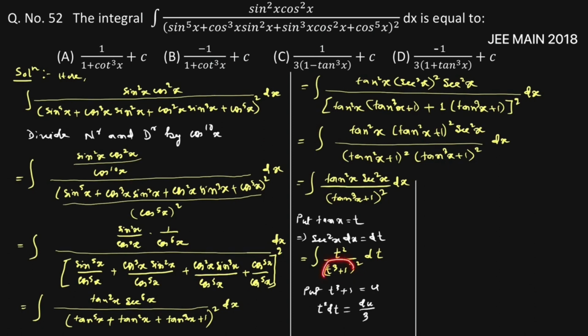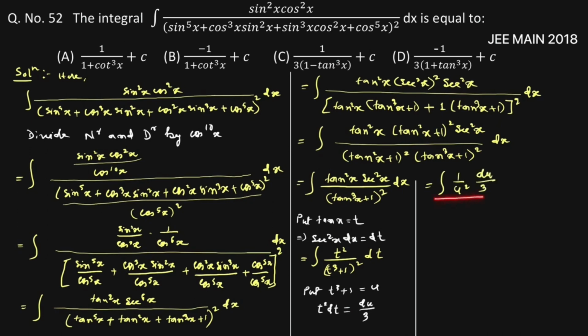Now in the place of t cube plus 1 we will write u, and t square dt we will write du by 3. Then this integration we convert in this way: integration of 1 by u square du by 3.